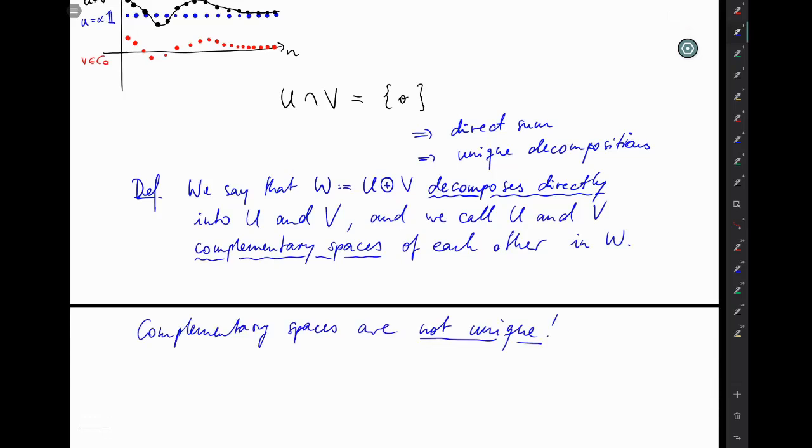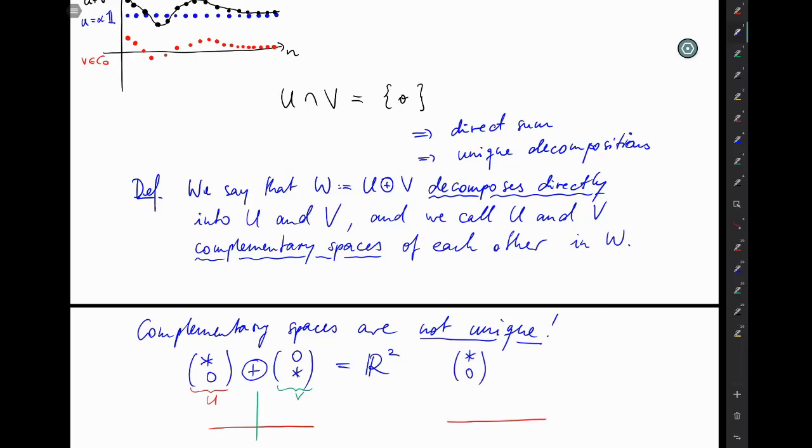Let's look at an even simpler example than we did before. The x-axis of R2 and the y-axis of R2 together give R2 as a direct sum. But the same x-axis can also span the whole of R2 in a direct sum together with maybe this subspace V here. So let's say this is the span of the vector (1, 1).